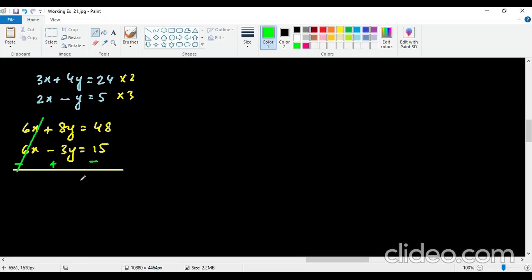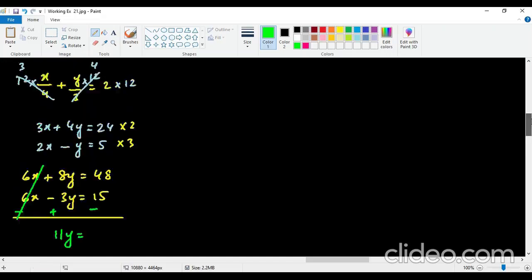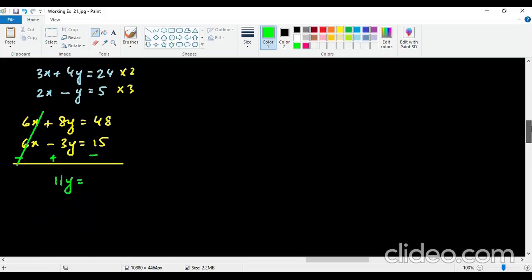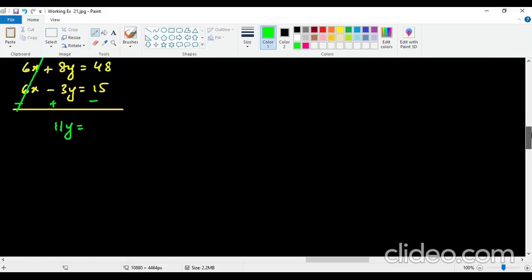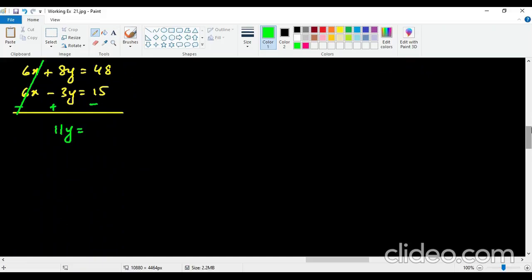So 8 plus 3 is 11y, and 48 minus 15 gives us 33. So the value of y is 33 over 11. That means y equals 3.